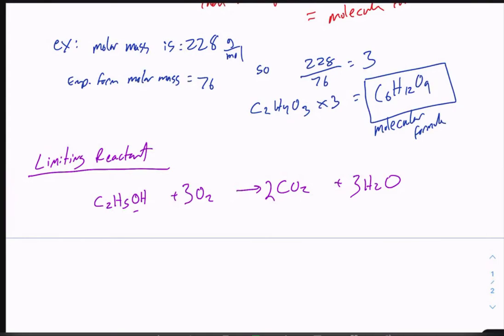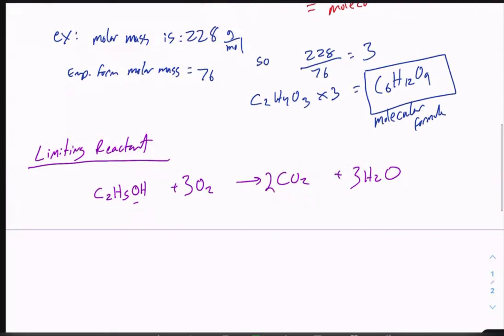Okay, so I'm burning ethanol. Don't forget, this guy hides in here, right? In alcohols, there's an O hiding in there. It's ethanol from corn.